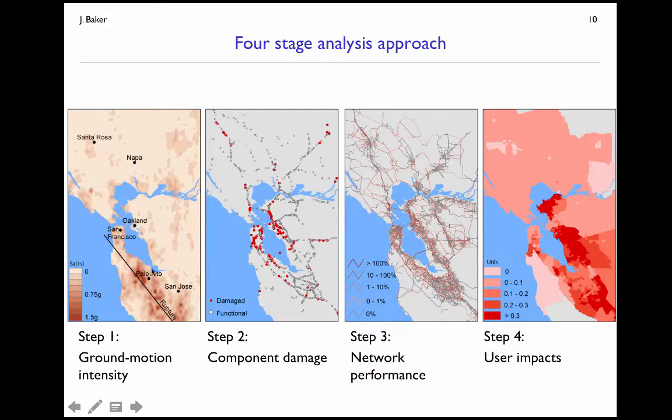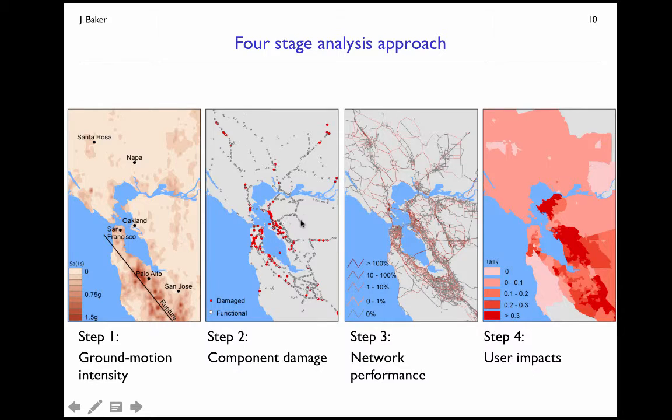Once we predict ground motion intensity for an earthquake event, we're going to simulate component damage in step 2. So here we're going to be thinking about damage to bridges from ground shaking. There are certainly other mechanisms by which the road network could be disrupted, but shaking damage to bridges is a primary one in this situation, and so that'll be our focus here.